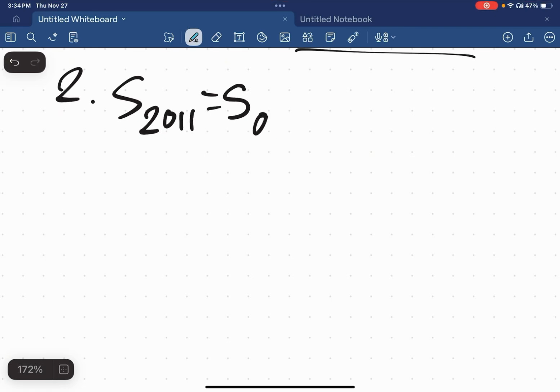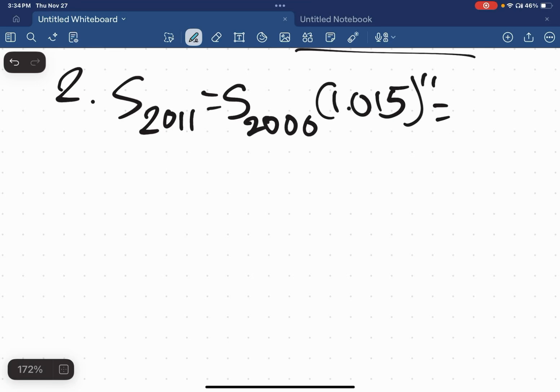Sum of the first year, which is 2010, times 1.0, oh wait, no, the first year is 2000. Sorry. So I'll write it like that, so it makes more sense. Times 1.015 to the 11, because it's been 11 years since then. And that is equal to, what was it?